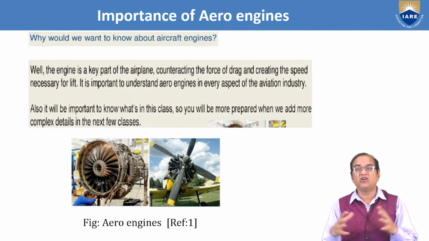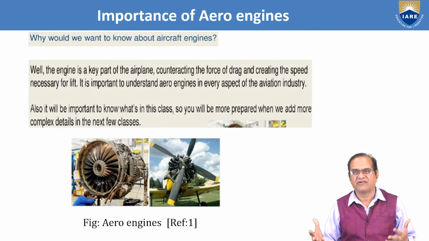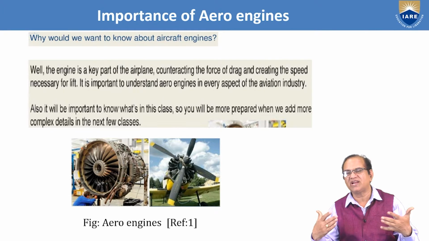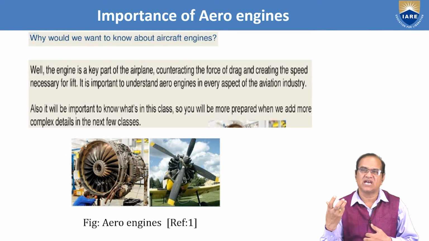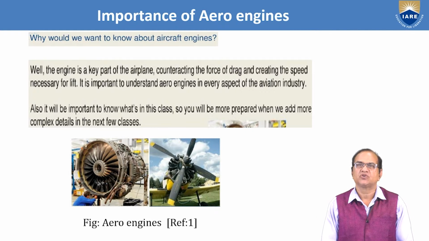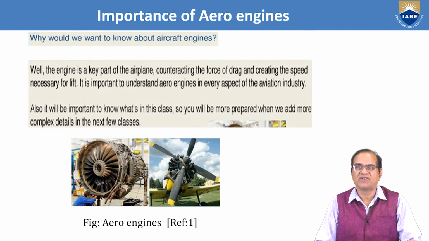You know that for any locomotion, let it be ground locomotion, maybe scooter, car, bike, aircraft, trains, ships, everywhere we need the engine. Because without engine we cannot move, because the thrust is obtained from the engine itself. So the engine is a key part of any airplane, counteracting the force of drag and creating the speed necessary for lift.